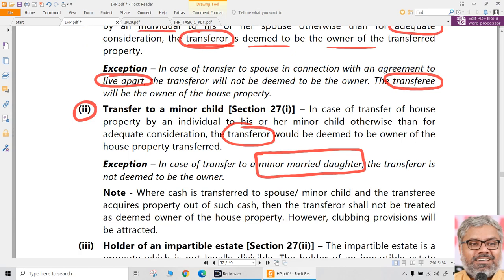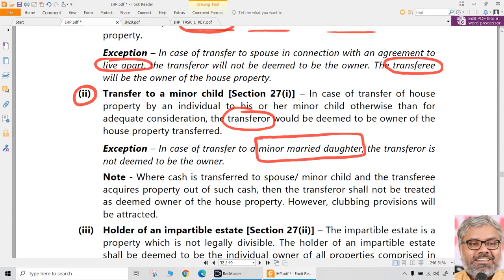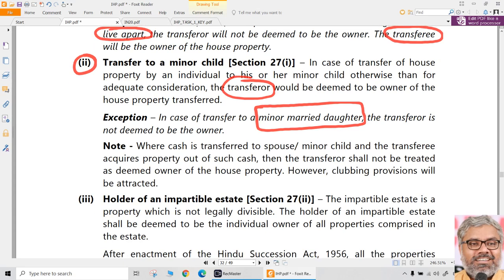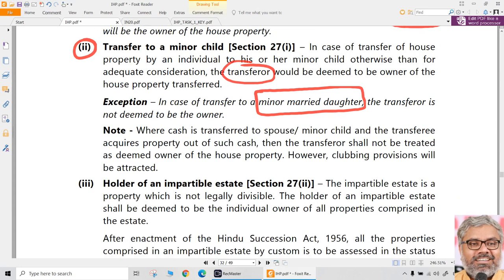So particularly female, that is a minor married daughter. If the transfer happens to a minor married daughter and a parent of the minor married daughter transfers a property to her, then she herself will be the owner of the property. The provision of deeming the ownership for the transferor does not apply. That's it. Right? So that is the point to be noted here.